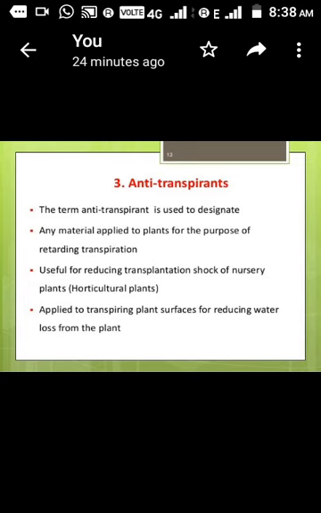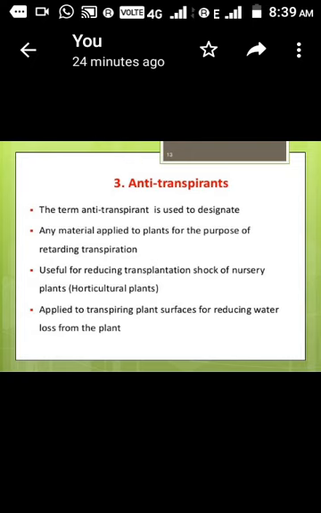Now another topic in continuation of transpiration is anti-transpirants in your syllabus. What is an anti-transpirant? It means all those materials which prevent transpiration. This is the simplest way to explain anti-transpirants. Or any device or material, biotic or abiotic, that prevents or reduces transpiration.